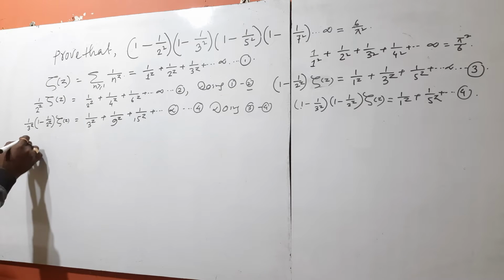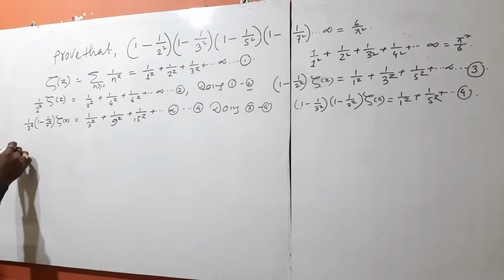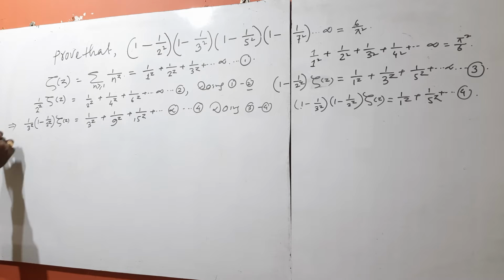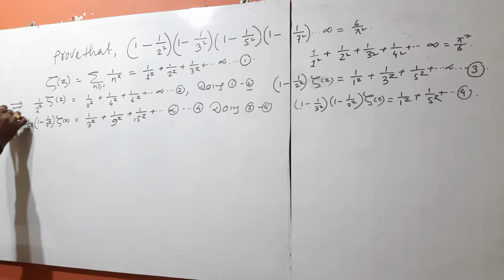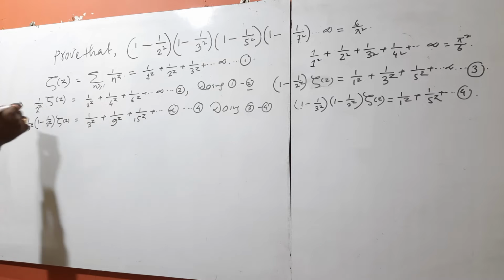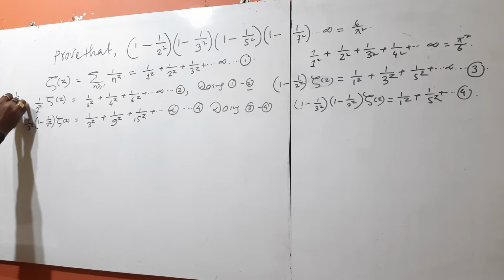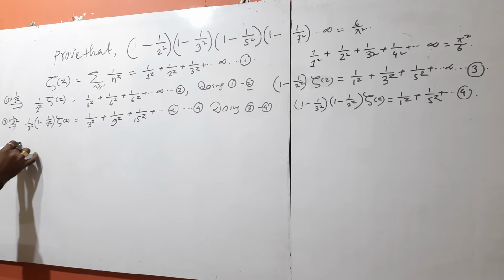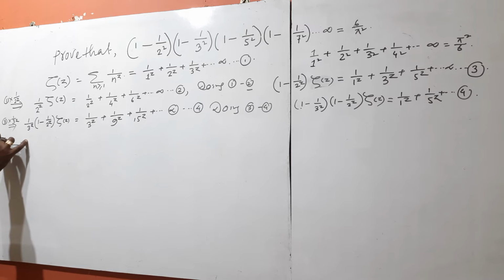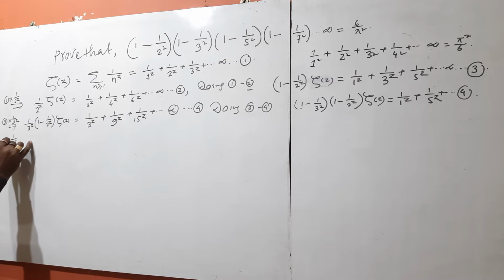Equation 1 is multiplied by 1 over 2 to the power z, equation 3 by 1 by 3 to the power z, and equation 4 by 1 over 5 to the power z.